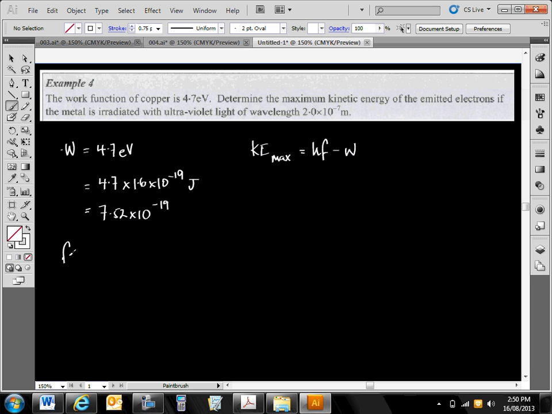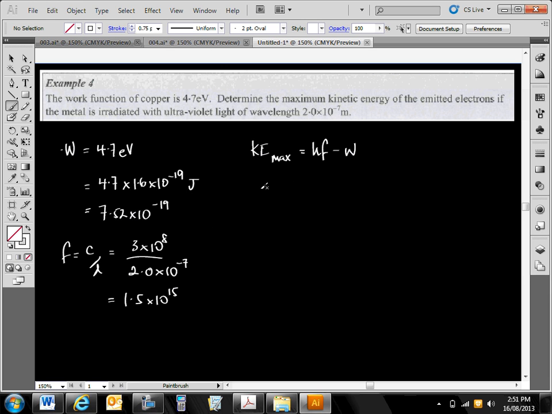And f is equal to c on lambda, 3 by 10 to the 8 over 2.0 by 10 to the minus 7, which equals, did anybody calculate that one? 1.5 by 10 to the 15. Thank you. Sounds like good numbers.